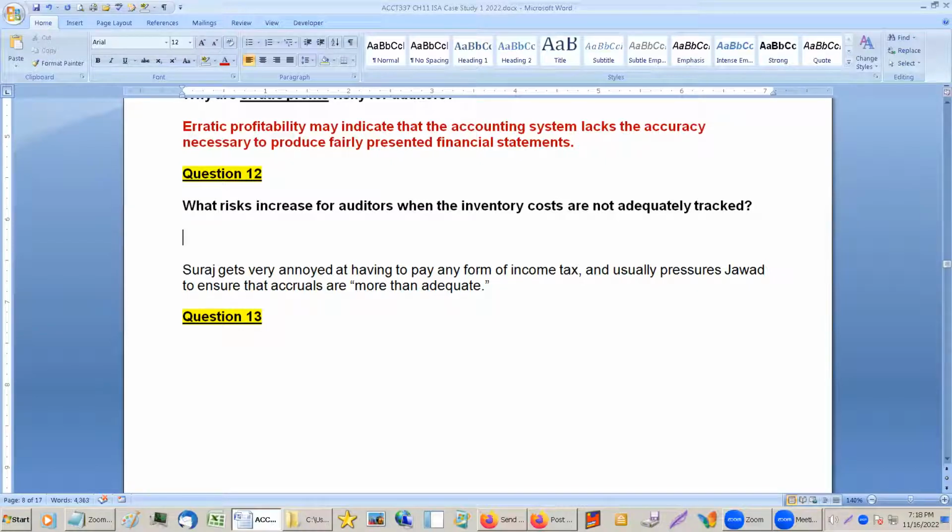This is kind of obvious: the inventory and cost of goods sold accounts may be misstated.